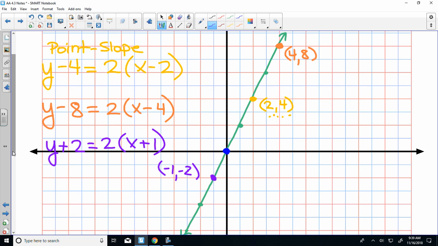And let's pick one more coordinate. Let's go to this one here. That point is at negative 2, negative 4. And our equation would be y plus 4 equals 2 times x plus 2.